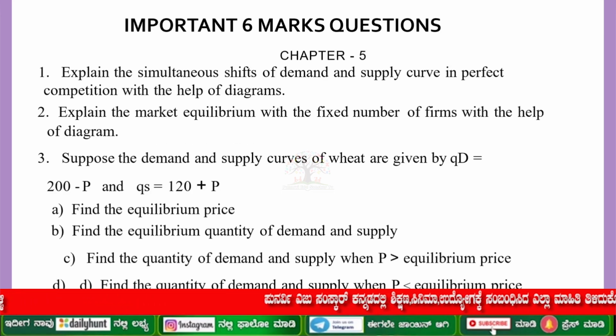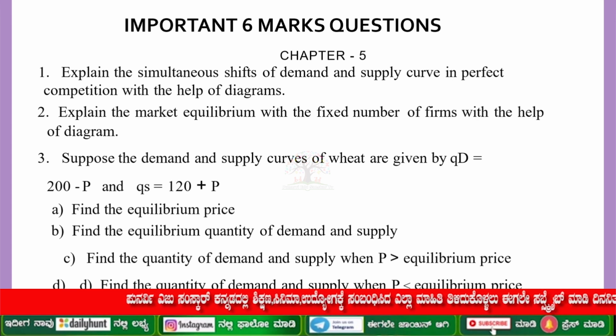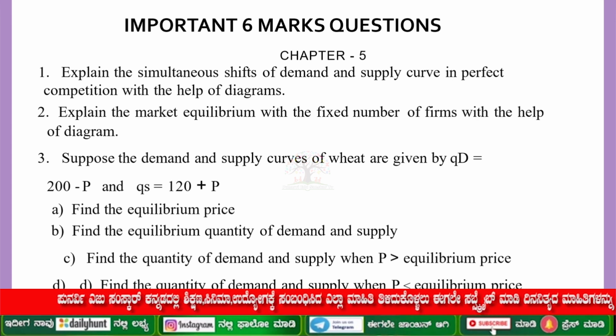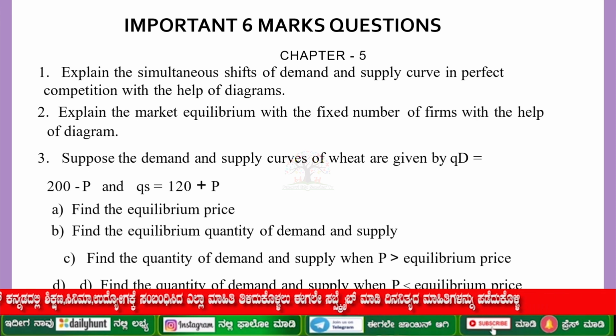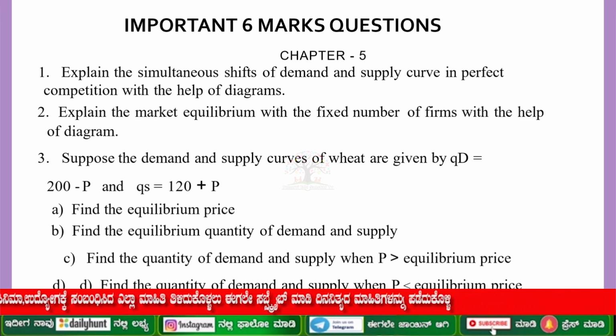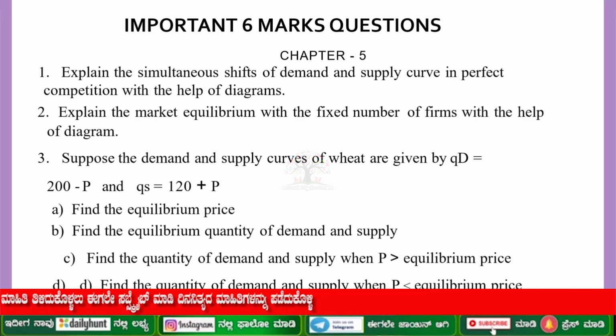From microeconomics 5th chapter, that is market equilibrium, you can expect one 6 mark question. There are 3 important questions. First one is simultaneous shift in demand and supply curve in perfect competition with the help of a diagram.